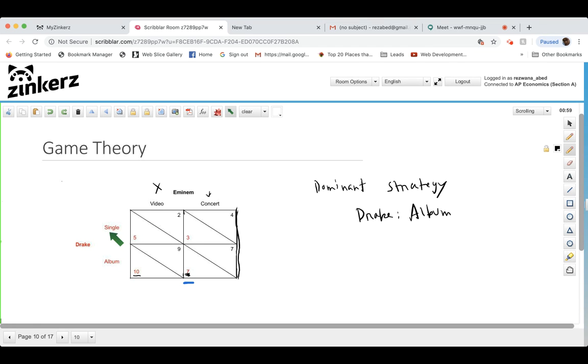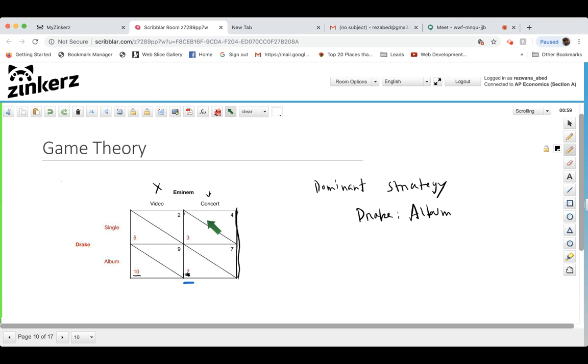When we are looking at Eminem's, we're going to pretend that this row doesn't exist. So I pretend right now that somehow I know that Drake is going to be releasing a single. So what is better for Eminem, to do a video or a concert?